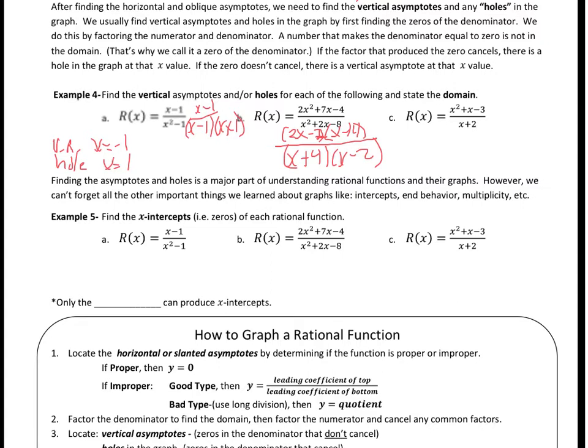So if we're talking holes and vertical asymptotes, we have a vertical asymptote at 2 and a hole at negative 4. Good. So a vertical asymptote at 2 and a hole at negative 4.